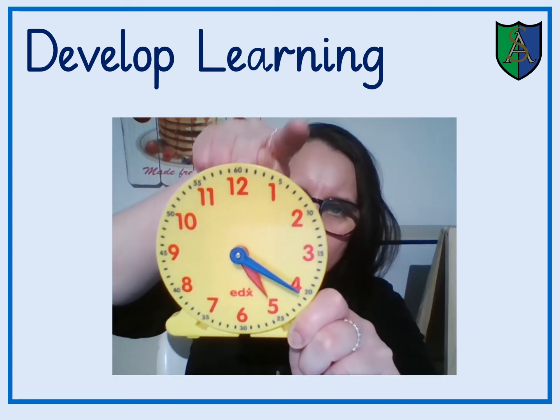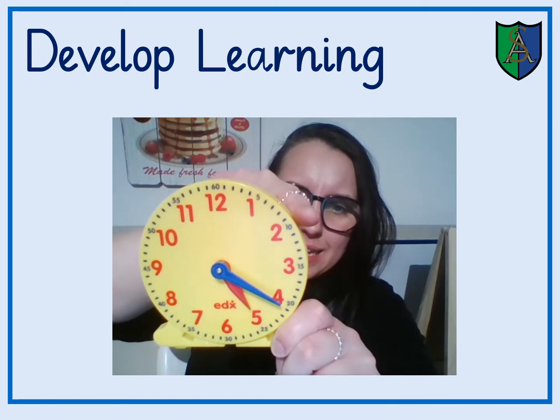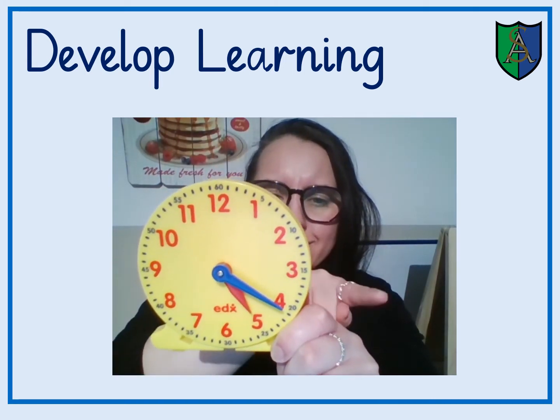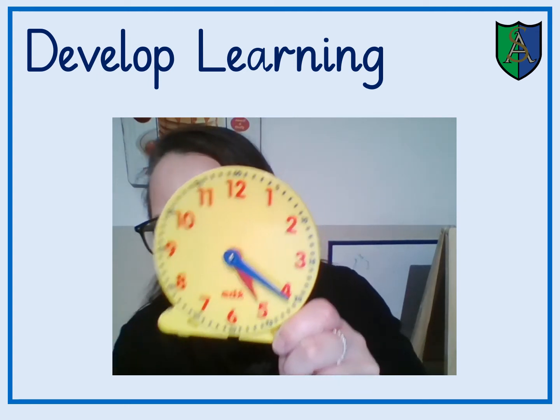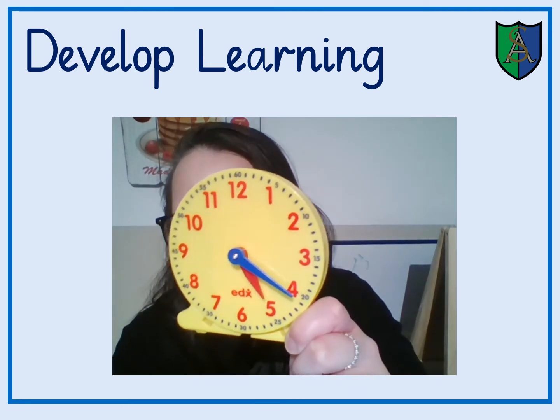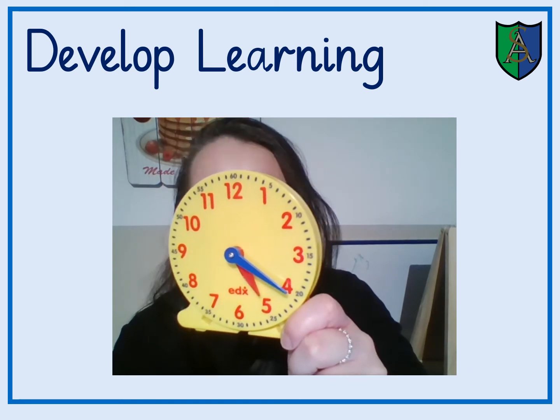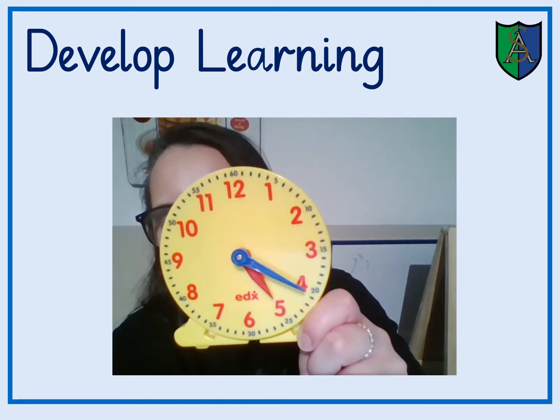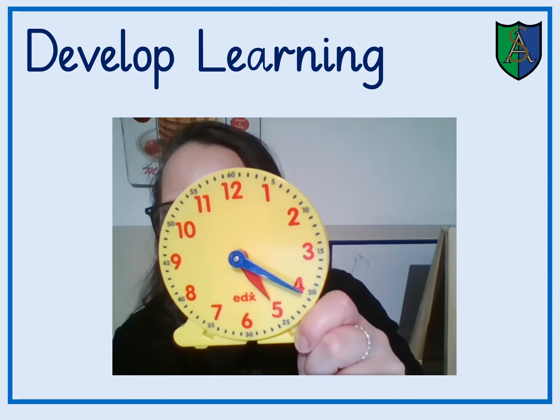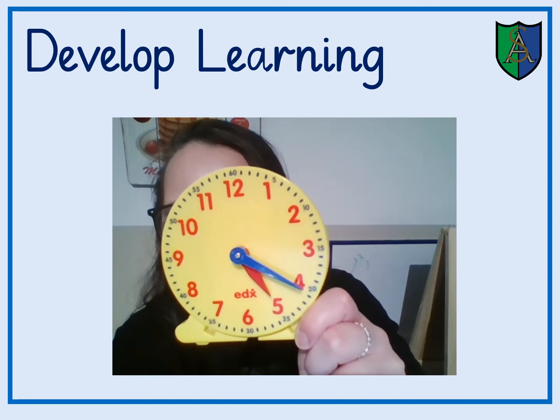Okay, so I've got 5 past, 10 past, quarter past, 20 past. So I know that it's 20 past something. Let's look where our hour hand is pointing to. Oh, it's pointing towards the 5. So I know that this clock is reading 20 past 5. Well done if you managed to get that one correct.